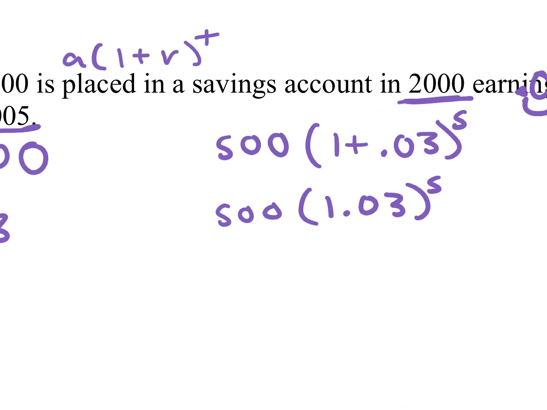The exponent. So 1.03 to the power of 5. If you put it in the calculator right, you should get 1.276815. Nope, I did it wrong. It's 1.03 to the power of 5. So it should be 1.159274.